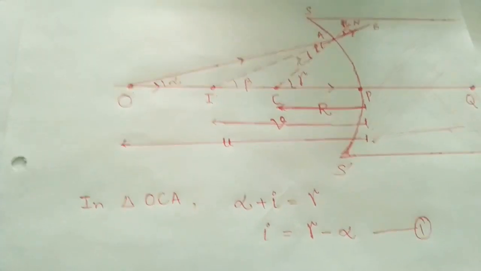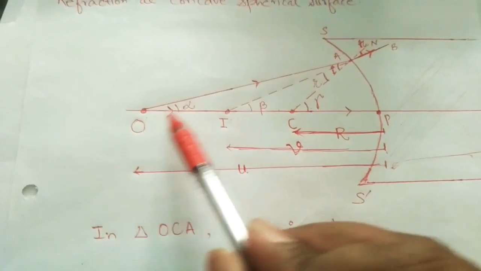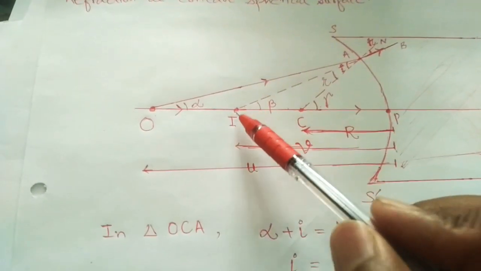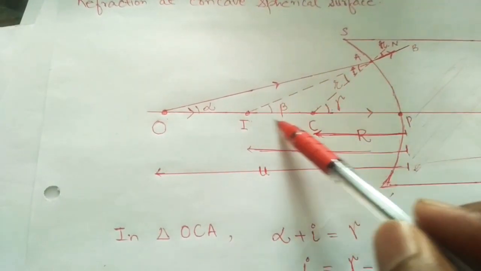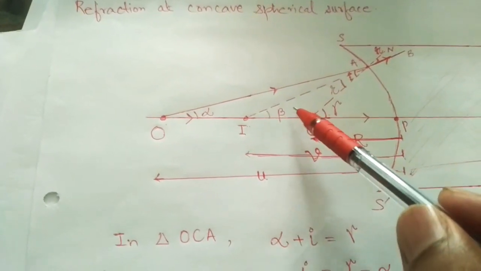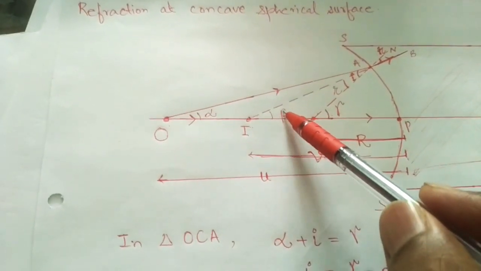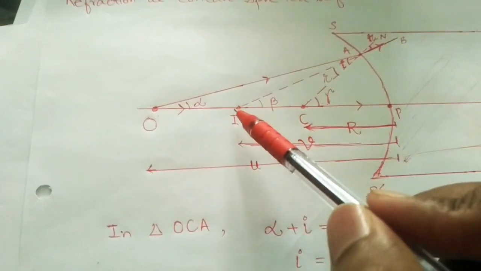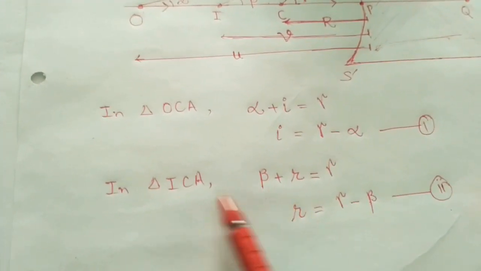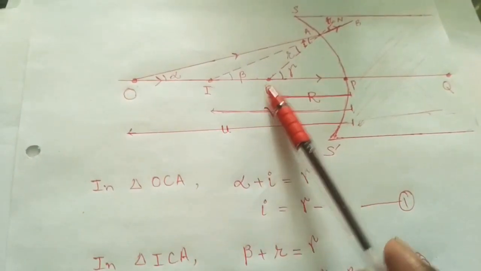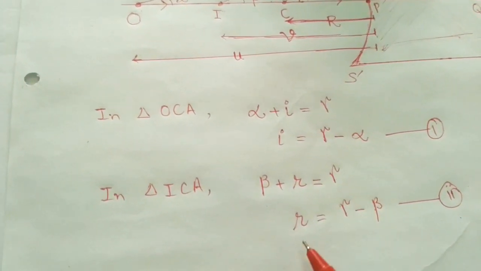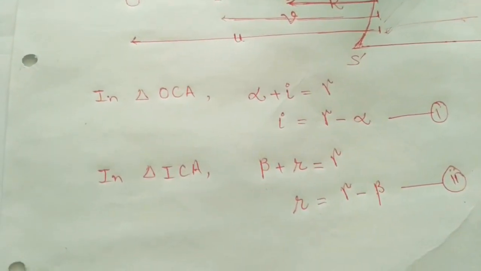Make it equation 1. Now again, triangle ICA, in the same way, using the exterior angle property, the interior angles are beta and R, and the exterior again gamma. So in triangle ICA, beta plus R is equal to gamma by exterior angle property. So R is equal to gamma minus beta.